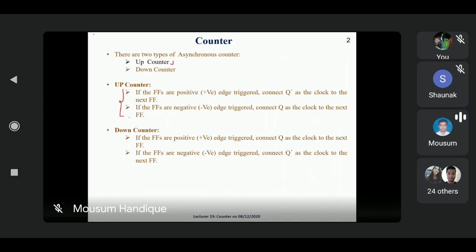This is the up counter condition and this one is the down counter condition. If we are using the asynchronous up counter and the counter has a positive edge trigger, then Q bar is the clock to the next flip-flop.